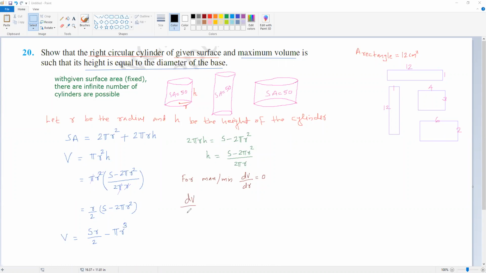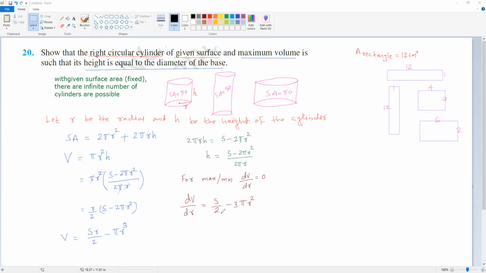So dv by dr is equal to, देखो s is constant, so s by 2 is constant because given surface area मतलब surface area is constant. Then derivative of r with respect to r is 1 minus pi is constant, r cube derivative is 3 r square.